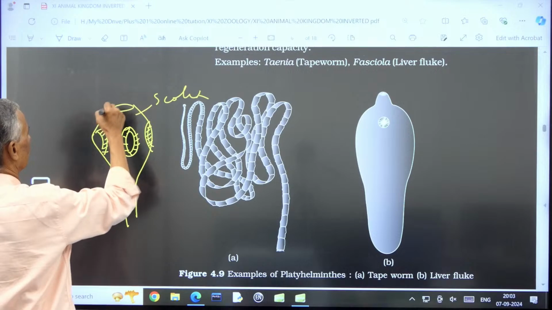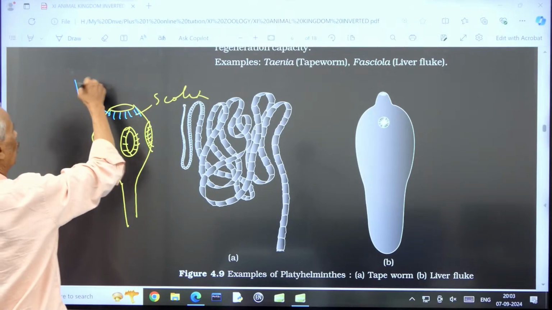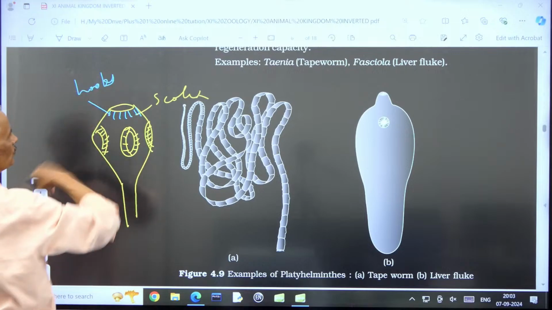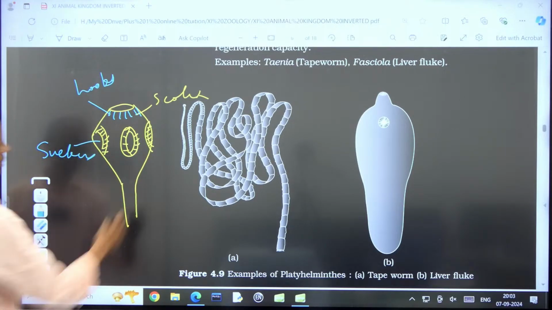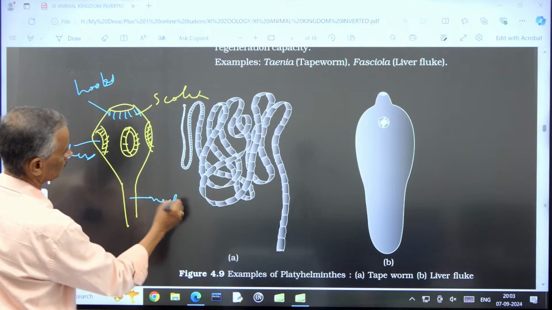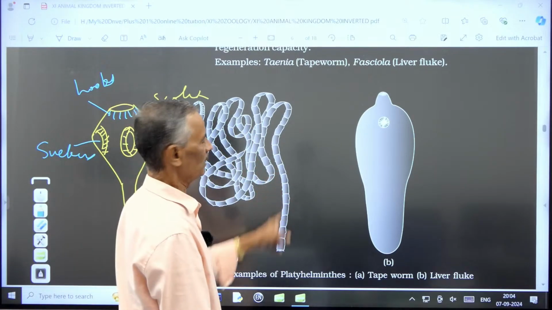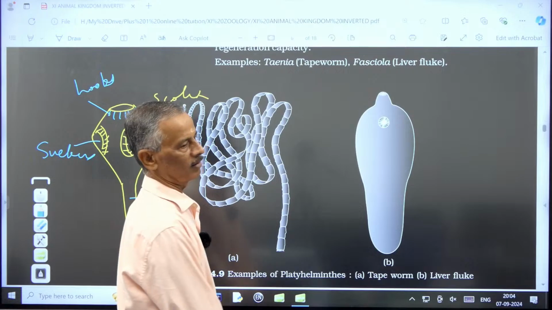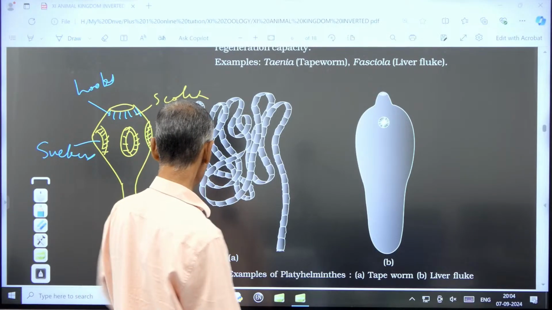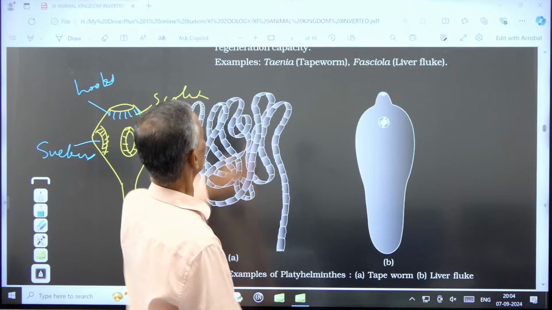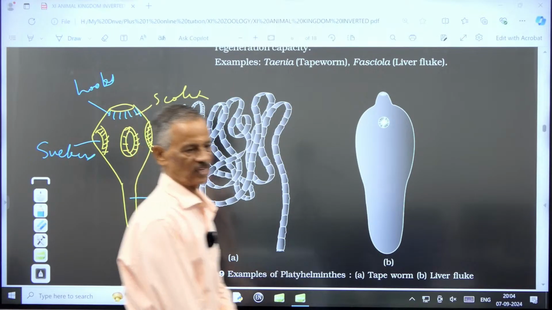See, you have hooks and suckers. This is the neck, and from that neck these pieces called strobila are arising. So you have 2 examples, Taenia and Fasciola. Both of them are parasites.